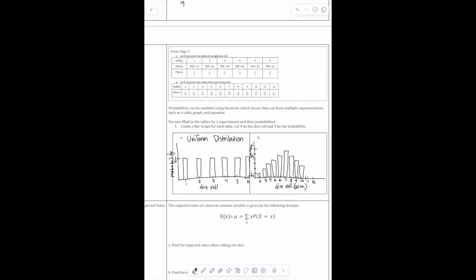Seeing it as a visual helps us see the pattern a little more of that symmetry within this, and then also that 7 is our most likely outcome at 6/36 or 1/6.